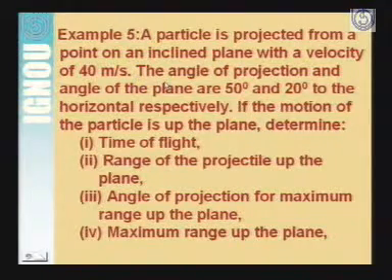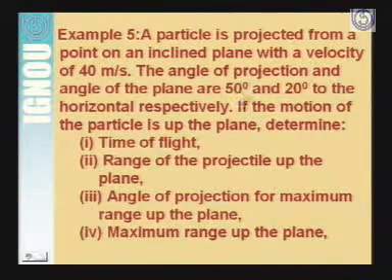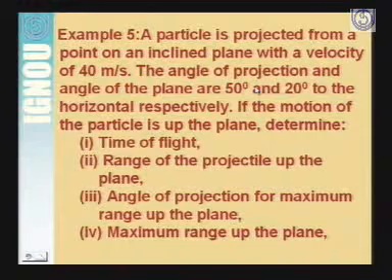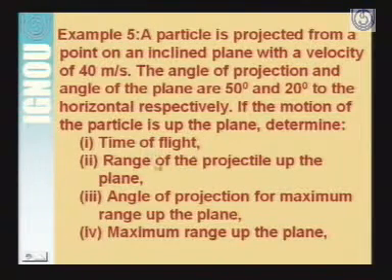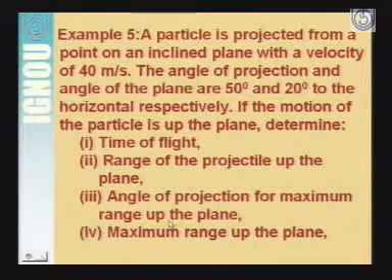The angle of projection and the angle of the plane are 50 degree and 20 degree to the horizontal respectively. If the motion of the particle is up the plane, determine the time of flight, the range of the projectile up the plane, the angle of projection for maximum range on the plane, and the maximum range on the plane.